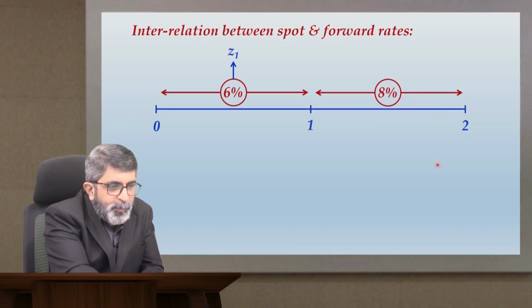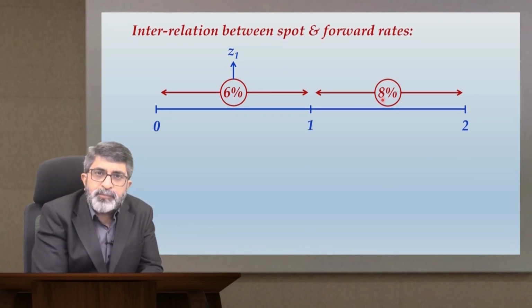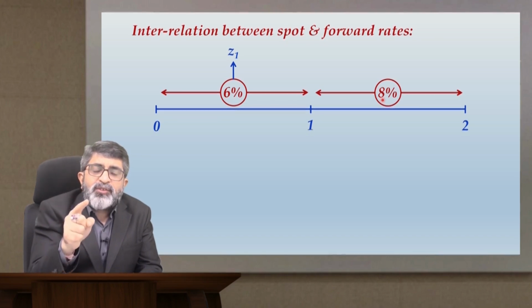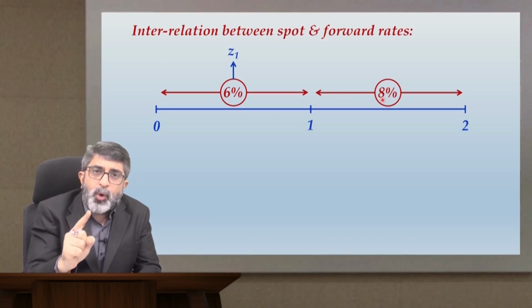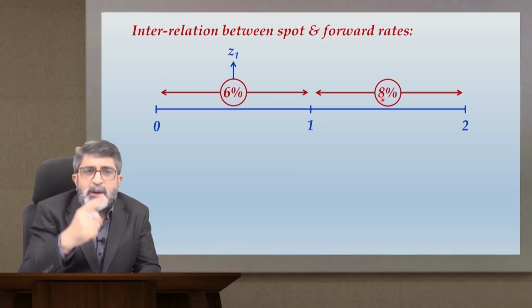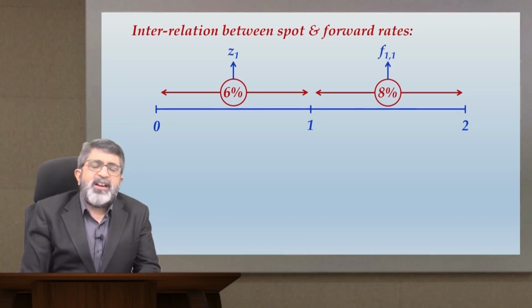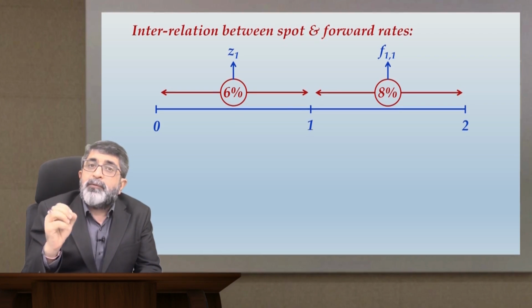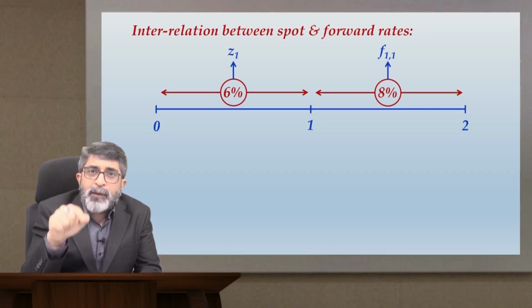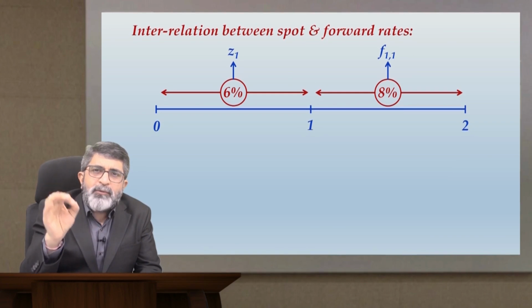So this 8% mentioned over here is the interest rate applicable for a 1 year borrowing that will initiate after 1 year. So this will not be considered a spot rate but a forward rate, and we write this as F1,1. Why 1,1?